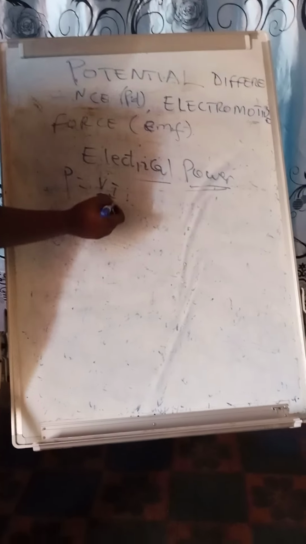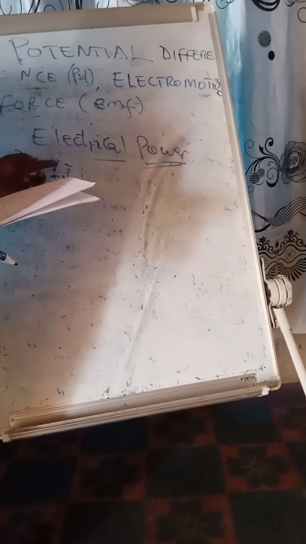So the rate at which electrical energy is transferred will depend on the potential difference across the component and the current in the component.